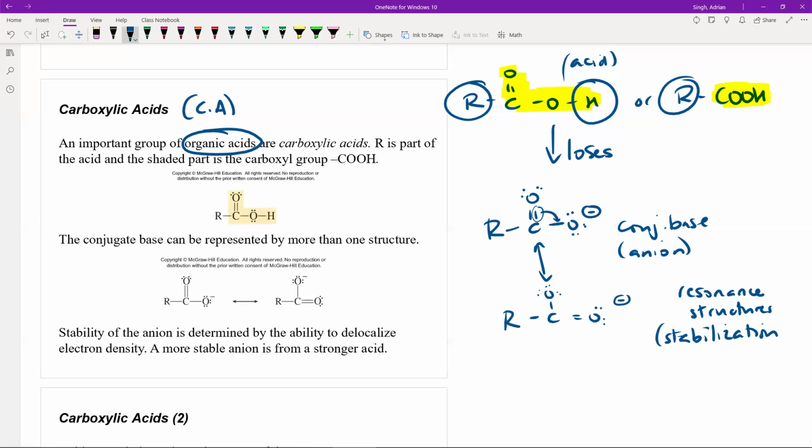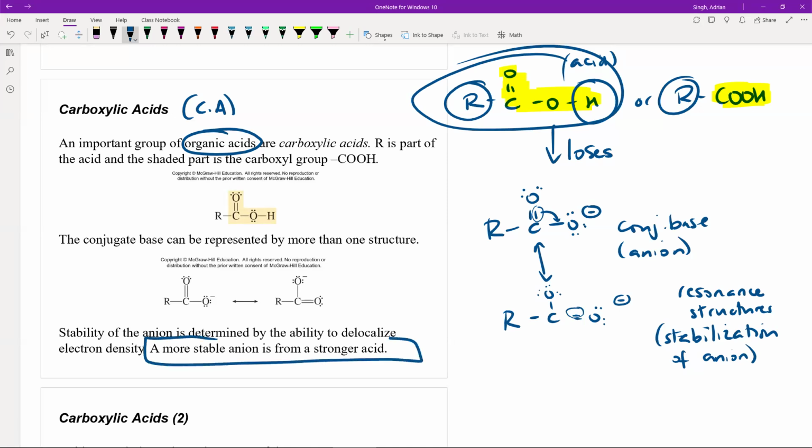They're actually spread over the entire molecule, this section of the molecule. So we say that it's delocalized, and that leads to stabilization of the anion. If the anion is stable, that means that it's easier for the acid to lose that H plus because it wants to go to the more stable thing, right?